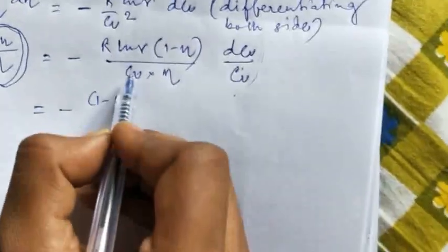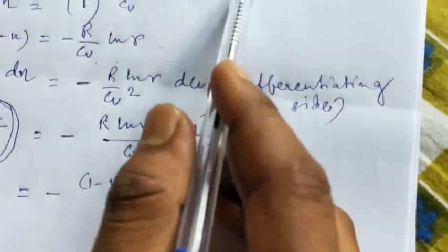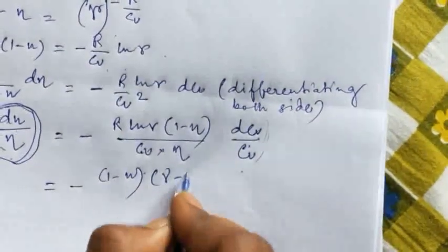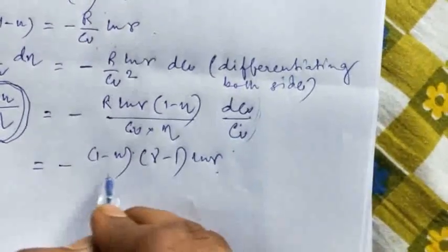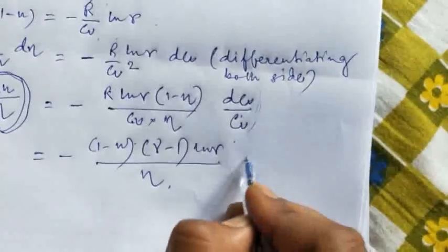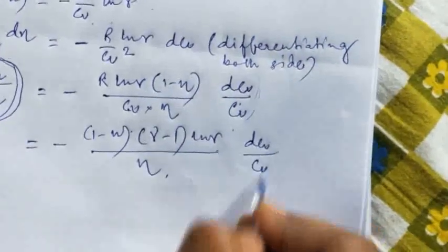Our R by Cv is already calculated: gamma minus 1. We will write here gamma minus 1 ln r by efficiency, d of Cv by Cv.